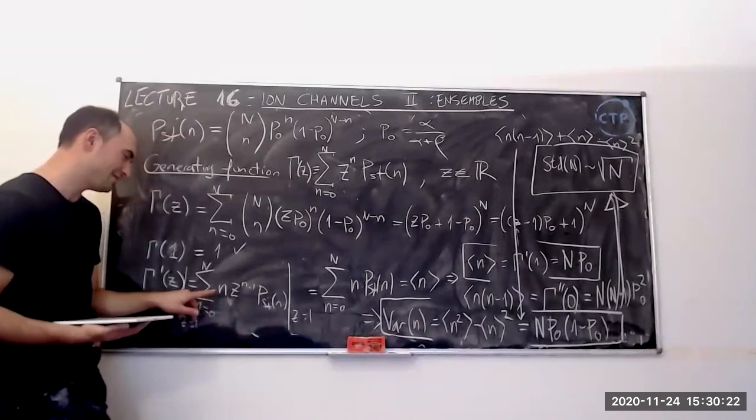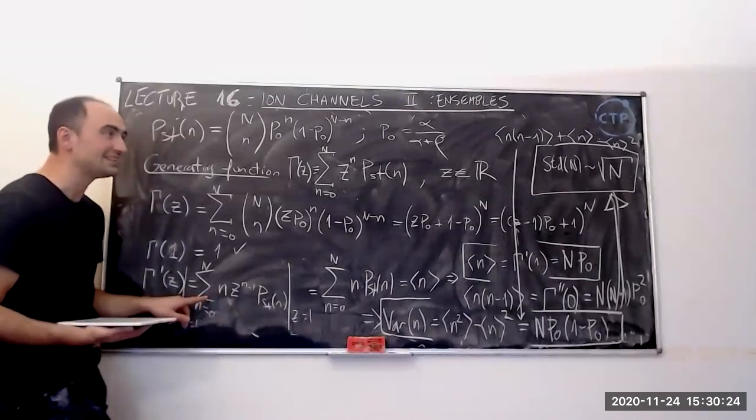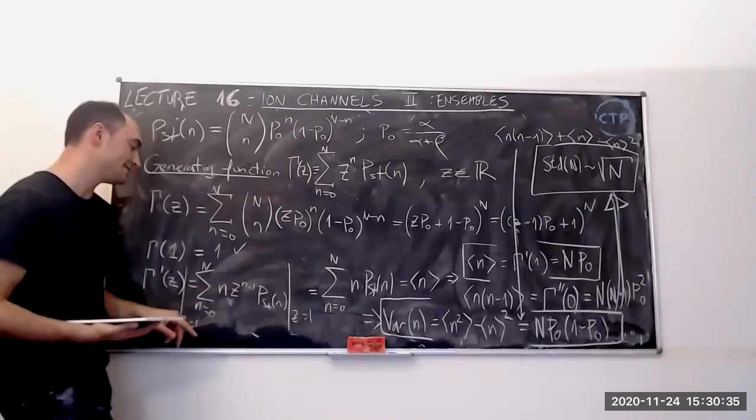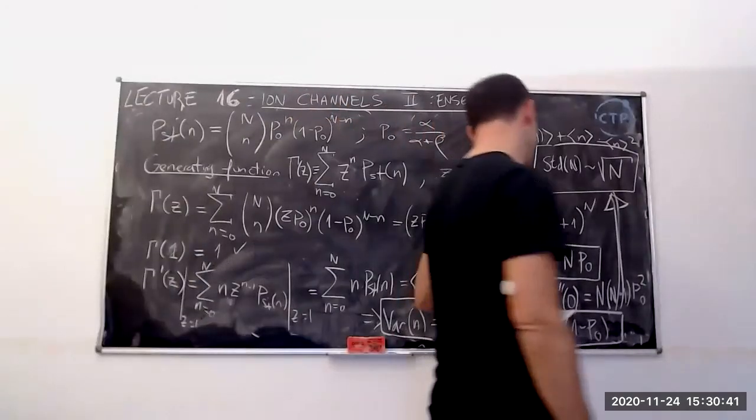I think it is 0, because the derivative is just the sum of all 0. It must be 1. Let's take a look here.